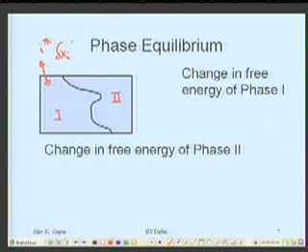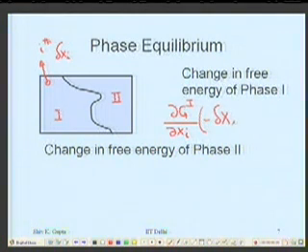If the free energy of phase 1 changes with the ith component at a certain rate, the derivative of the free energy of phase 1 with respect to the ith component, keeping the other components the same, and the amount removed is delta xi, then this is the change I have made to the free energy of phase 1.